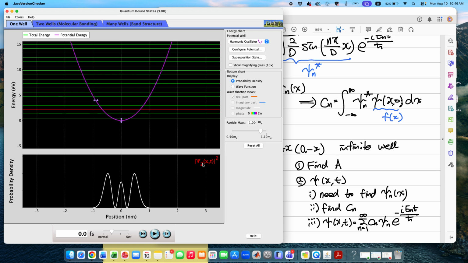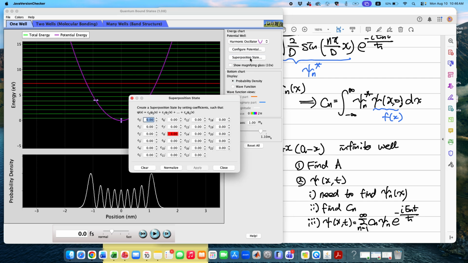Okay, so anyways, here, again, you can modify this potential energy width, and then you can look at more specifications here, like specified n, or even in this case, you can also play with the superposition state.